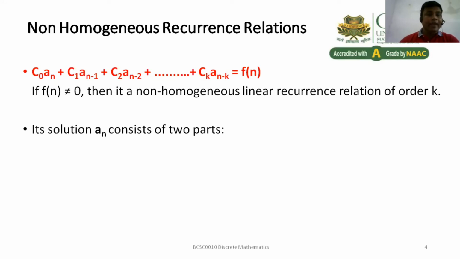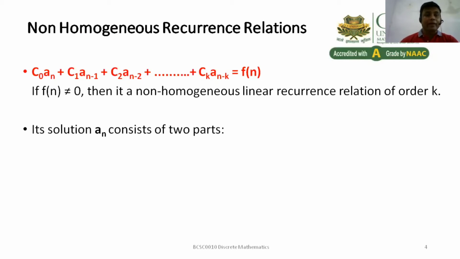And therefore, in that case the solution now will consist of two parts. If this f_n part is 0, then we just have to obtain its homogeneous solution by writing its characteristic equation and finding the characteristic roots.